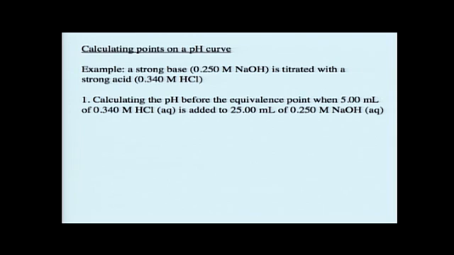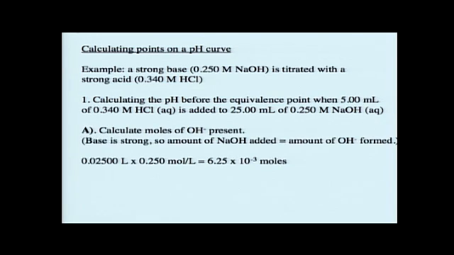5 mils of this have been added to the amount of base. So we have 25 mils of our strong base at 0.15 molar concentration, and we're adding 5 mils of our 0.34 molar acid. So what we want to do is figure out how many moles of base we had to start with.